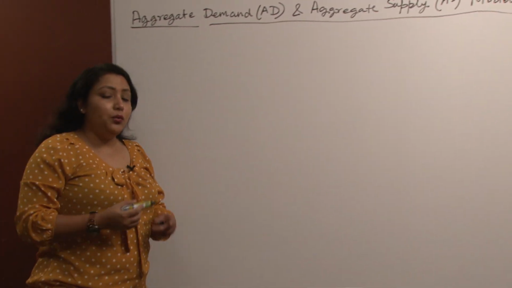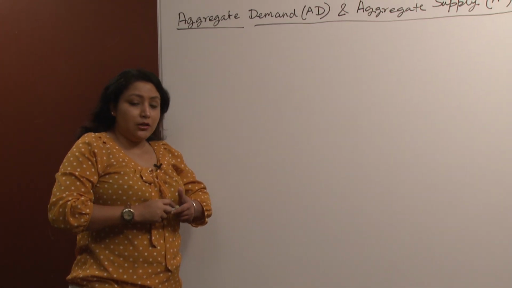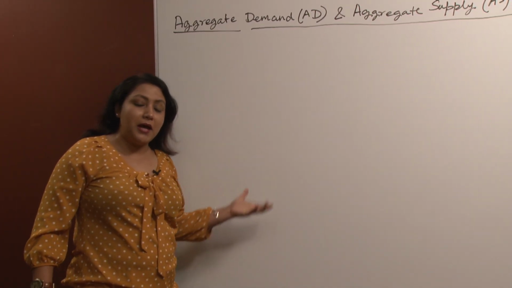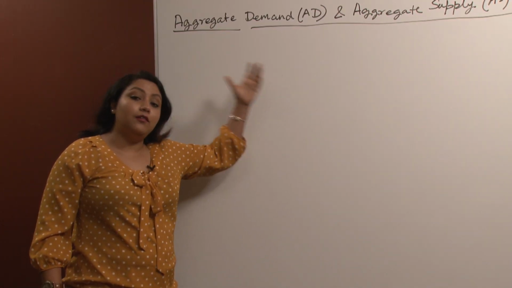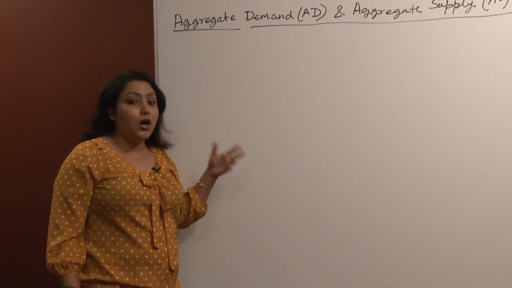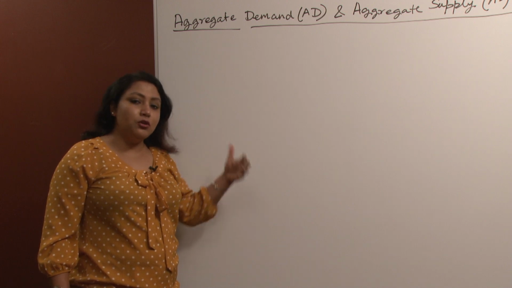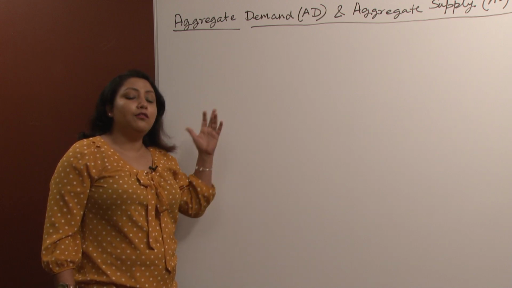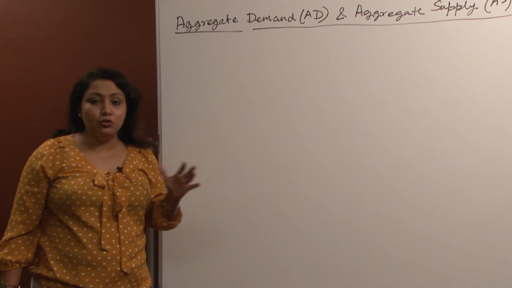Now, just like we did earlier from the micro perspective, we spoke about demand, then we spoke about supply, and finally we brought the two sides together. Similarly, here we are going to talk about aggregate demand, then we are going to talk about aggregate supply, and finally we are going to bring the two together.